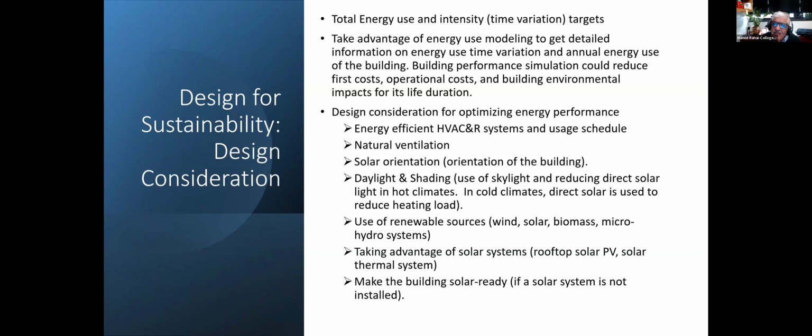So what are the design considerations for optimizing energy performance? First of all, we need to look at energy efficient HVAC and refrigeration systems and usage schedule. What kind of natural ventilation we can use. If you are in an industrial zone or in an area that needs extensive filtration, obviously natural ventilation is not an option for you.